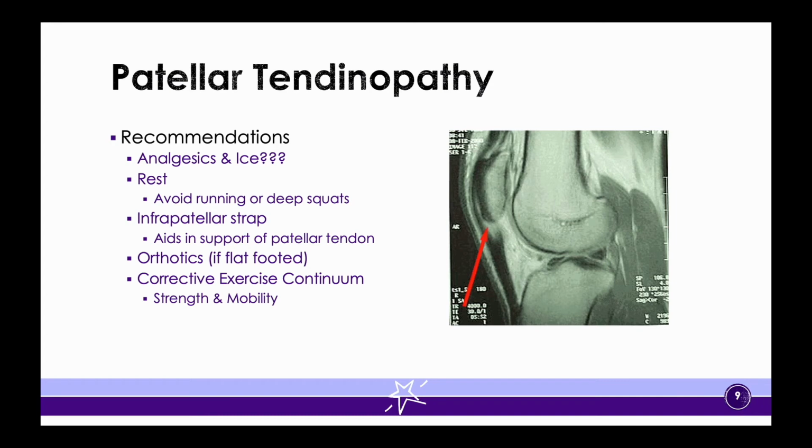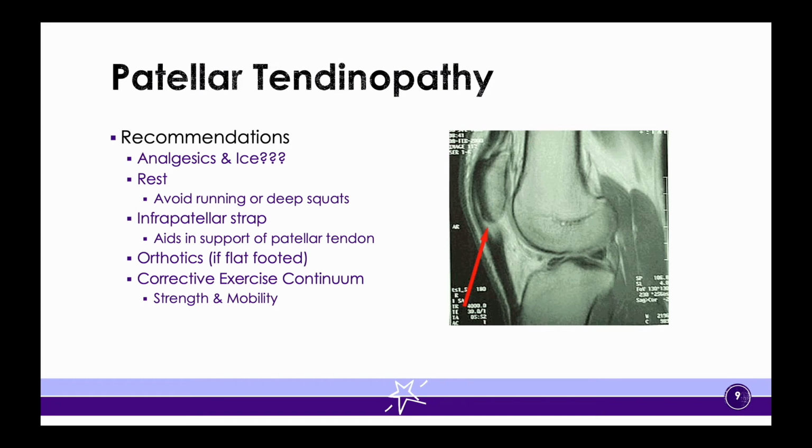So it's a strap that just goes underneath where the patella is, and that just helps to aid in the support of that patellar tendon or patellar ligament on that inferior section. If they are overly or excessively pronated and flat-footed, they'll often prescribe orthotics to try and fix that issue, to be able to open up a better space within the knee.